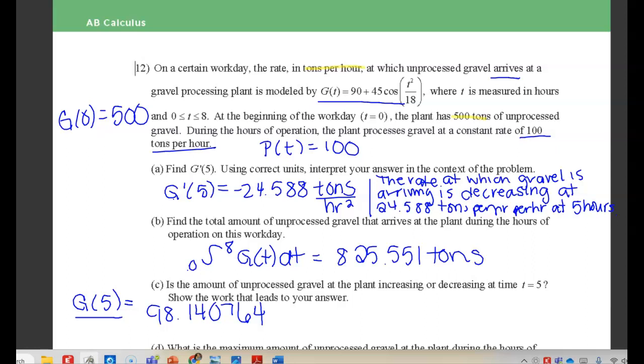That shows efficiency. So is the amount of unprocessed gravel at the plant increasing or decreasing at t equals 5? In this case, since G of 5 is less than 100, the amount of unprocessed gravel is decreasing.